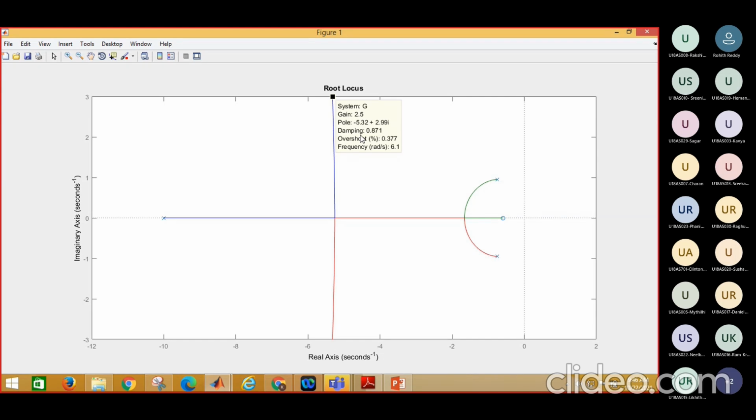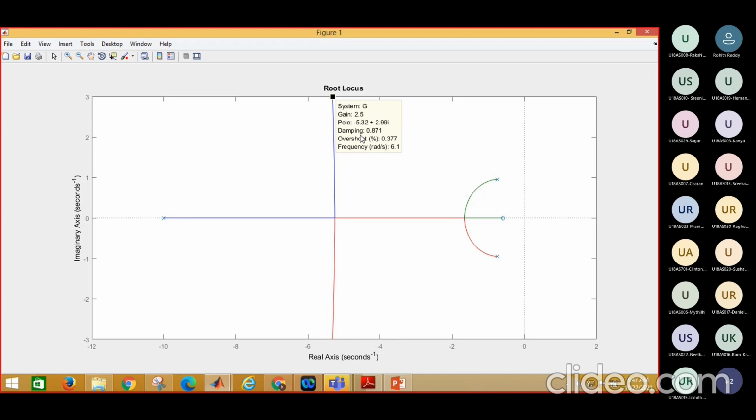If we choose the damping for the inner loop to be so high, it will lead to trouble, and the outer loop also has some amount of damping. That's why we select my rate gyro sensitivity value as 2.5, and my damping is 0.871.